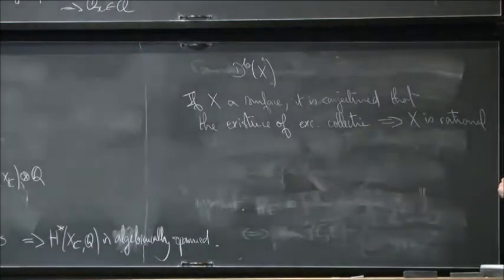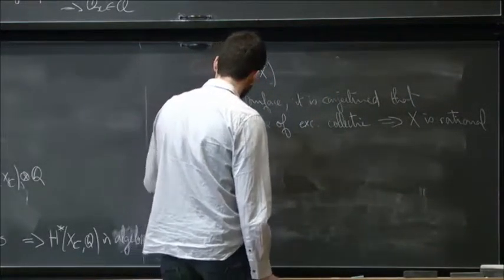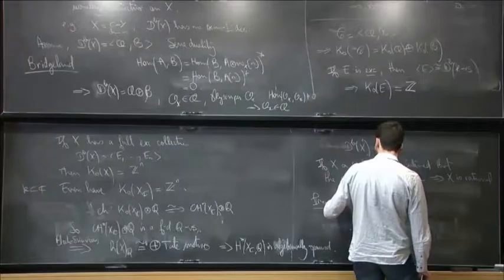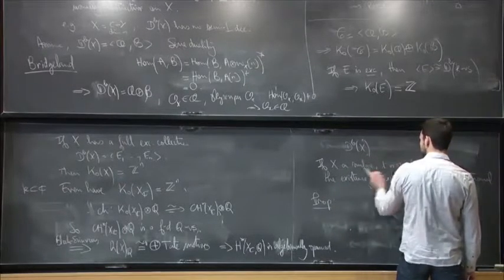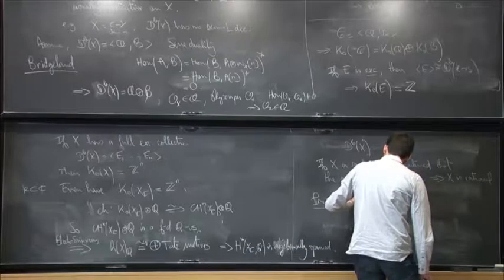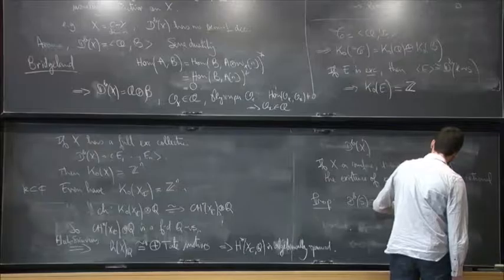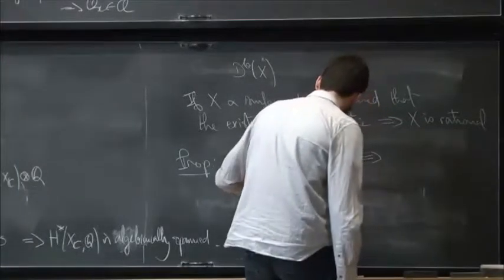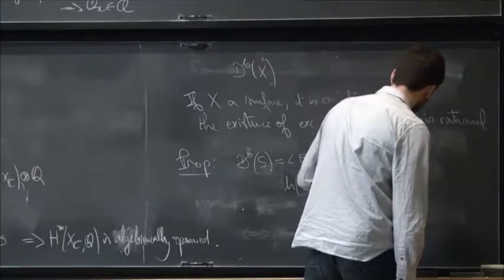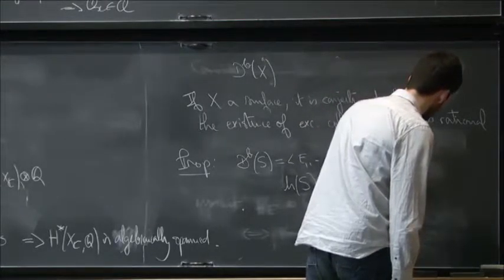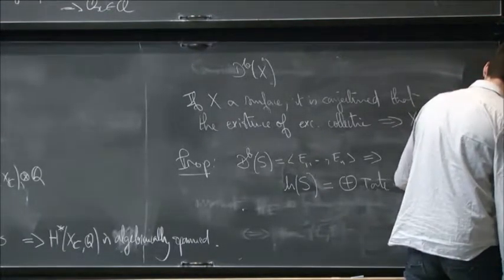Okay. So in fact, it's possible to prove the following proposition for surfaces. For surfaces, this condition here, D^b(S) equal to <E1, ..., En>, actually implies that the Chow motif with integral coefficients is a sum of Tate motifs. Okay, so this is with Z coefficients.